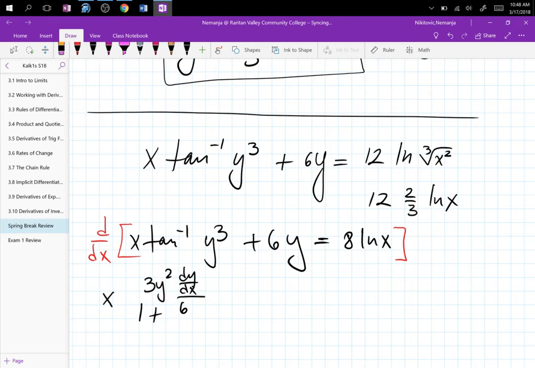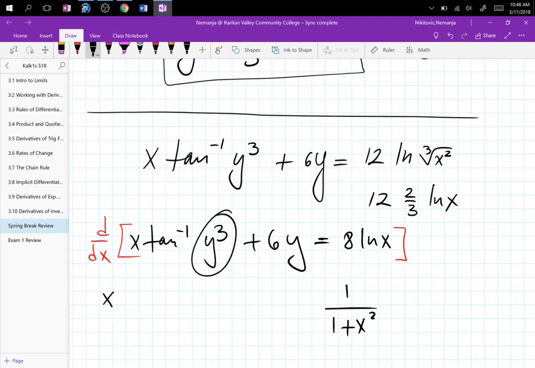I'm going to do the whole thing again if you missed it. So the derivative of inverse tangent is 1 over 1 plus x squared, right? So whatever this is, squared. So let's go. 1 plus y cubed squared is y to the 6.